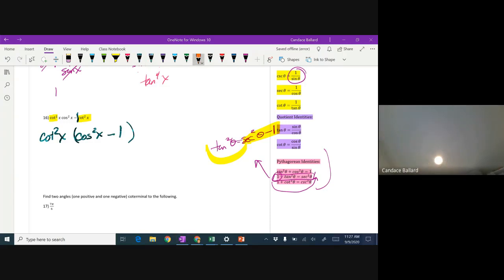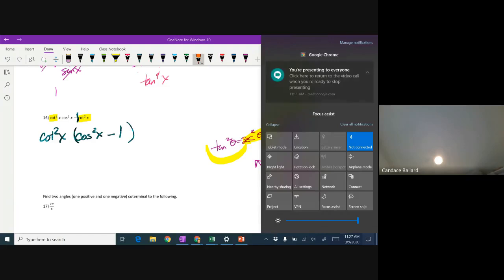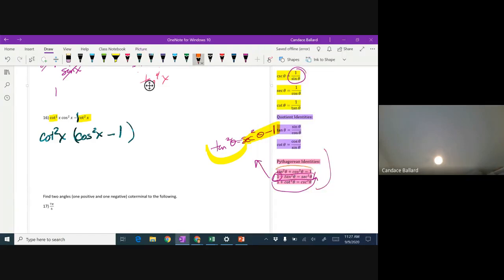Now I'm thinking, gee, I've got squareds. I'm looking for some Pythagorean identities. I'm going to look for this pink Pythagorean one here at the top. I guess I could sub in cotangents, but I'm going to see what I can do with this one because that's similar to what we did in the last problem. I am going to take the cosine and subtract it from the other side.